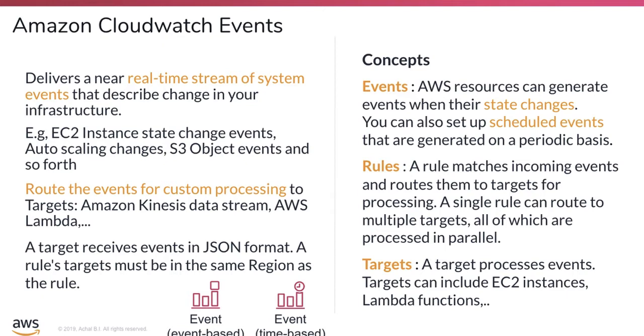For example, an EC2 instance is stopped or terminated. We can create an event and write a certain set of rules for that incoming event, and you can target a particular action for it. Either it can be EC2 instances, Lambda functions, or many other things.